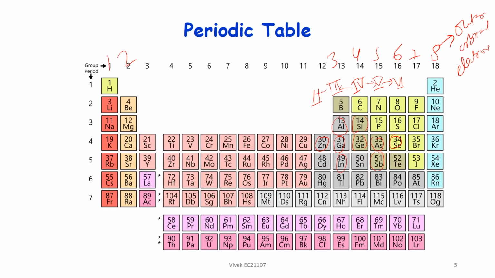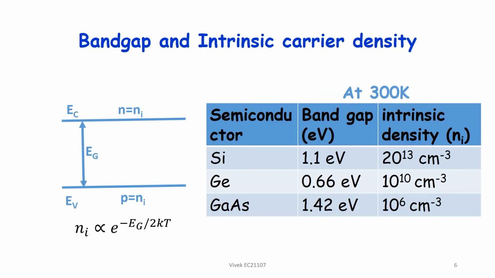Now what are the properties of these semiconductors that are useful? What makes them useful? There are two very important and basic properties. One is called band gap, the other is intrinsic carrier density. They are not entirely unrelated, rather they are related. So you can see a typical semiconductor here.